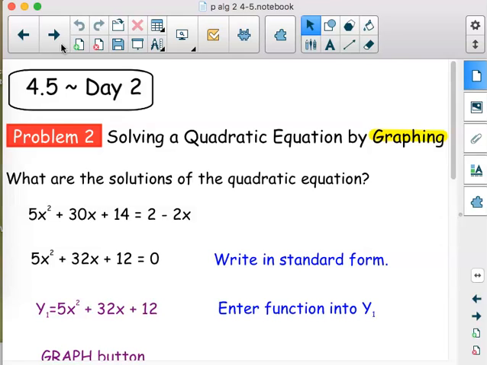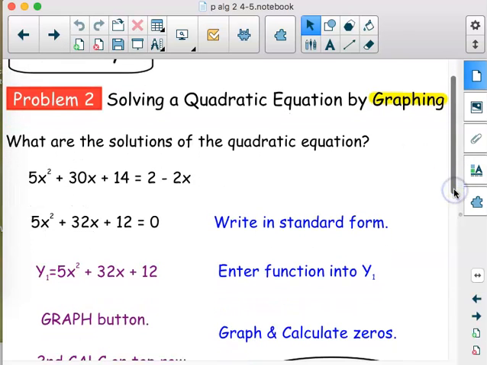Now it turns out that all the problems that we're going to see, we can do them by factoring anyway, but in the future we're going to have some where we have to use a graphing calculator to find them, because when we are solving by factoring, we are only seeing what are called the rational zeros. And rational zeros means it's something you can write as a fraction. So it's a nice number.